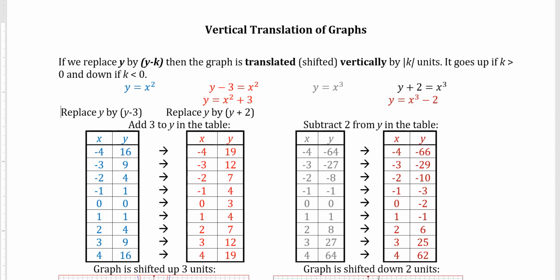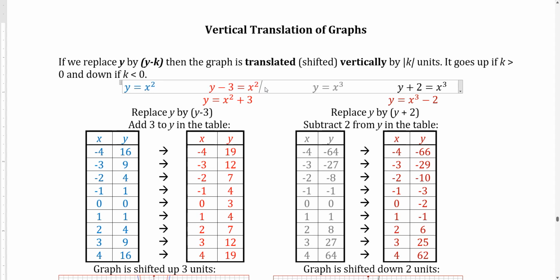Okay, and this one here, again, we'll start with the same two base graphs, y equals x squared and y equals x cubed. But this time we're going to replace y by y minus 3. I think it's easiest to see it if you look at it in this form right here, because in this form you can see that the x side was left alone.